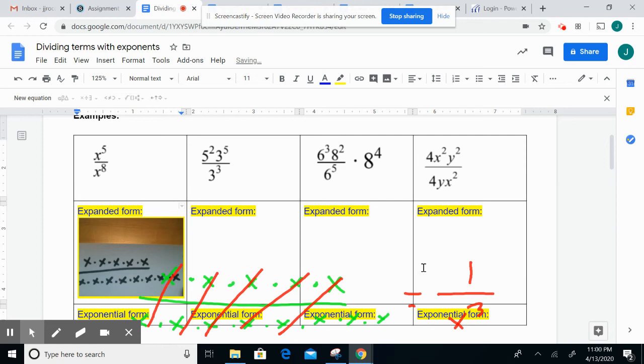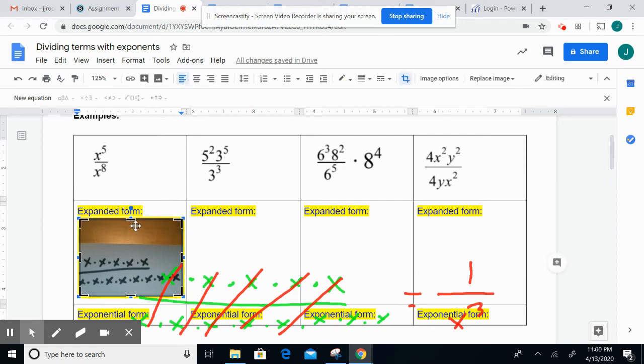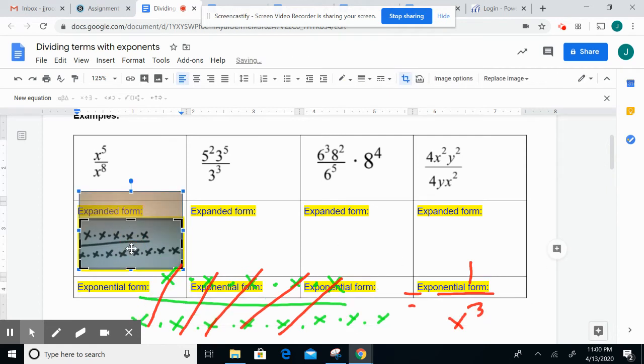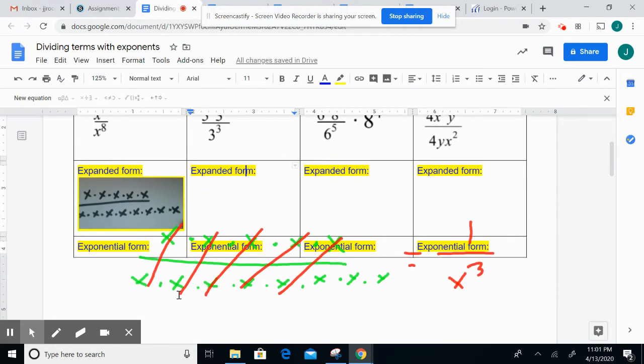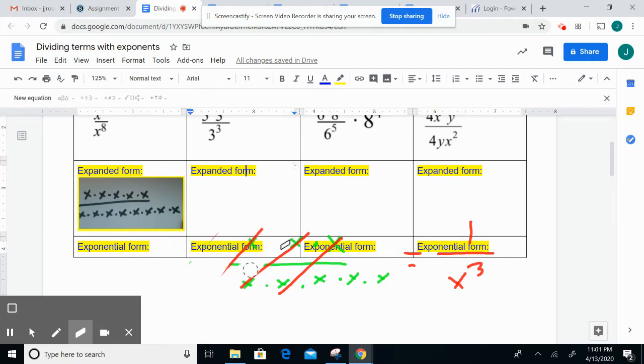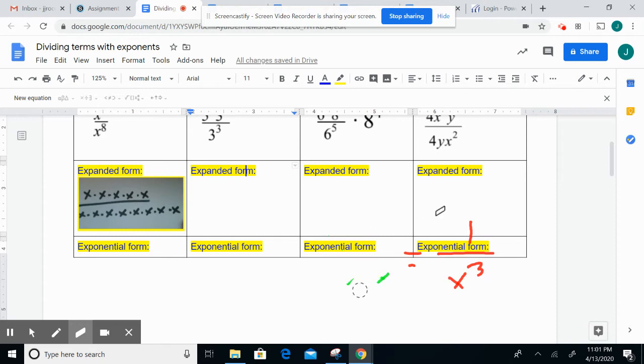And we will insert that picture. I'm going to crop it a little bit. So as you can see then, I'm going to go ahead and erase this. 5 x's on the top and 8 x's on the bottom of the fraction. It is going to be easier just to take the picture of those.